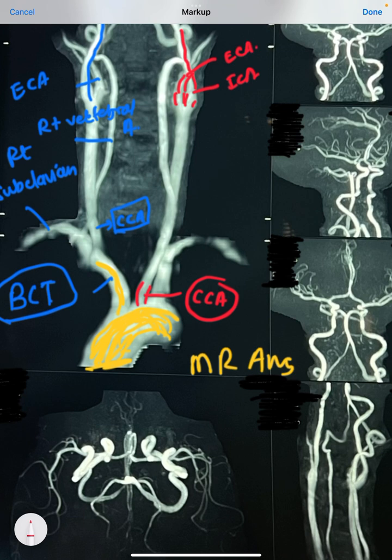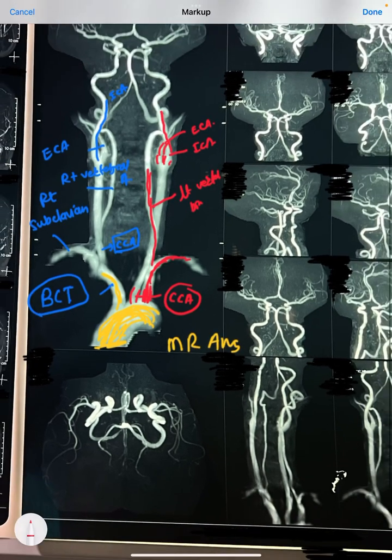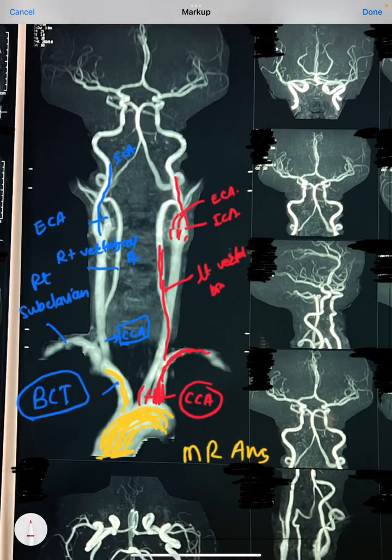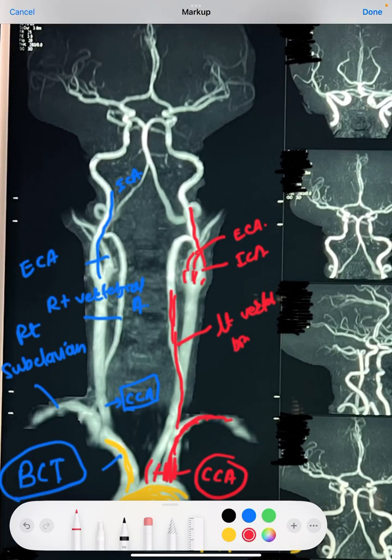And the third branch of the arch of aorta is the subclavian artery. This subclavian artery basically gives the vertebral artery. So the left-sided vertebral artery is a branch of the left subclavian artery, which is a direct branch of the arch of aorta.